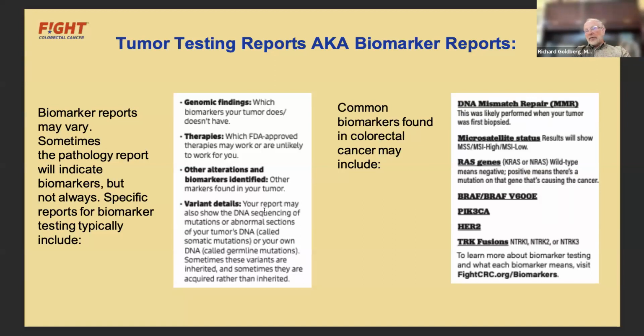But if you do have what we call RAS wild type in your tumor, then we certainly want to consider using those drugs, one or the other of them, because they're interchangeable, as a part of the treatment plan. And so that's one of the ways in which this genomic testing can be really important.